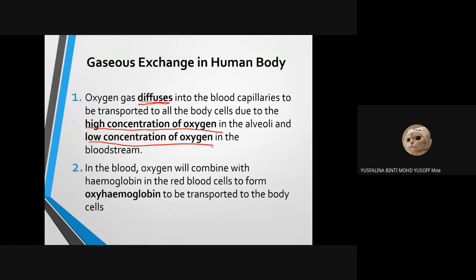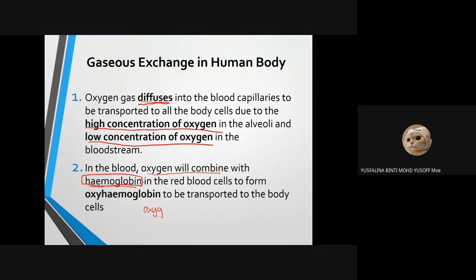Next, in the blood, oxygen will combine with the hemoglobin. This one is very important. You have to know that inside our red blood cell there is hemoglobin. Hemoglobin will combine with the oxygen to form oxyhemoglobin.